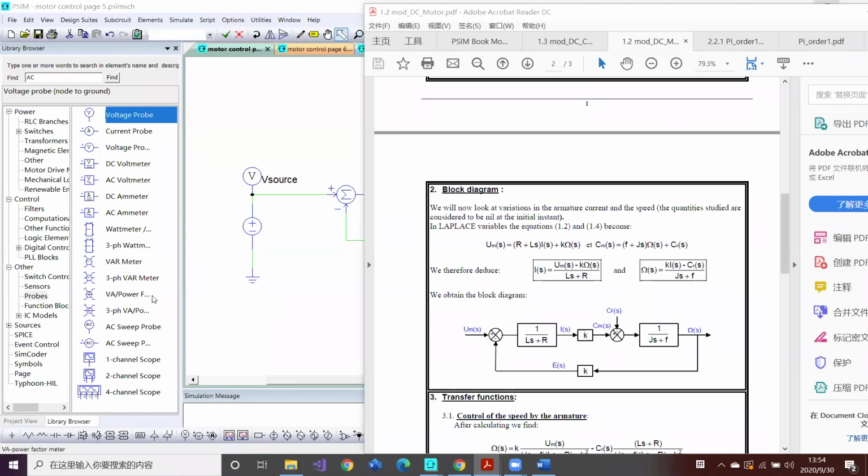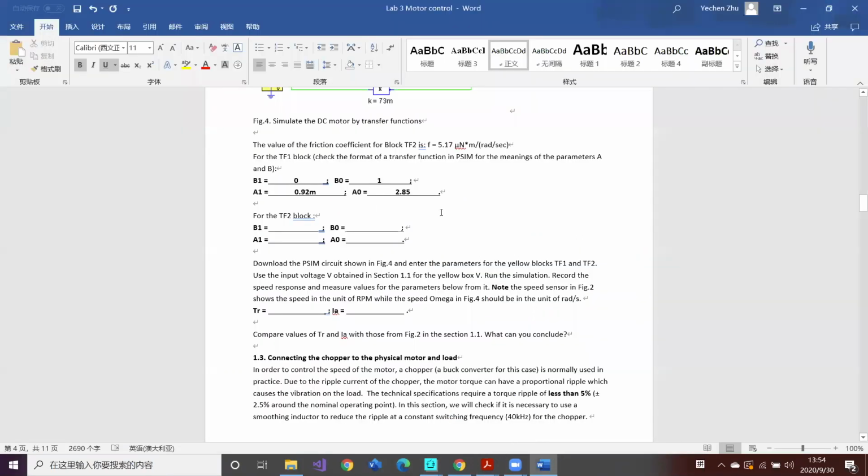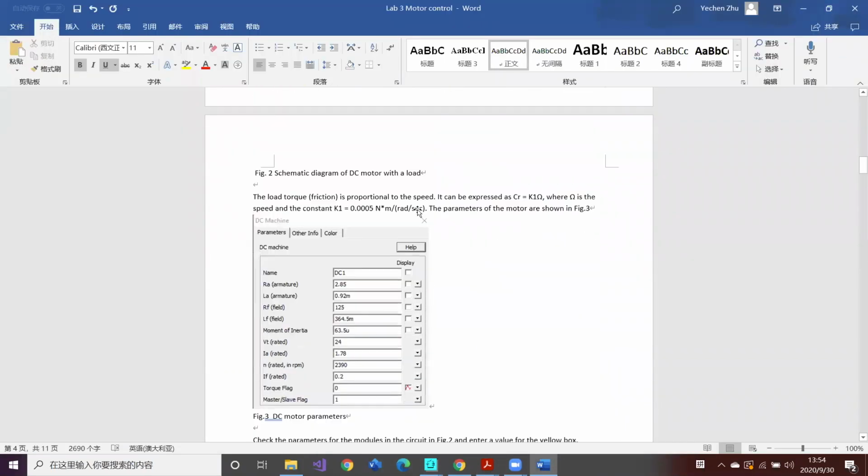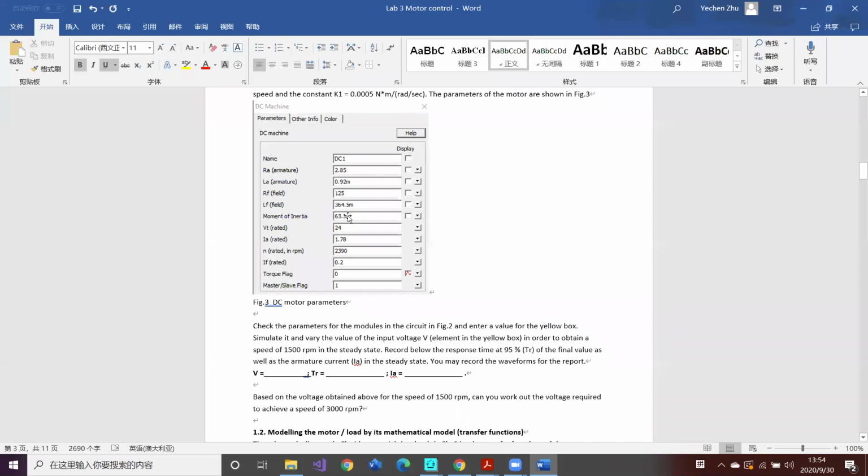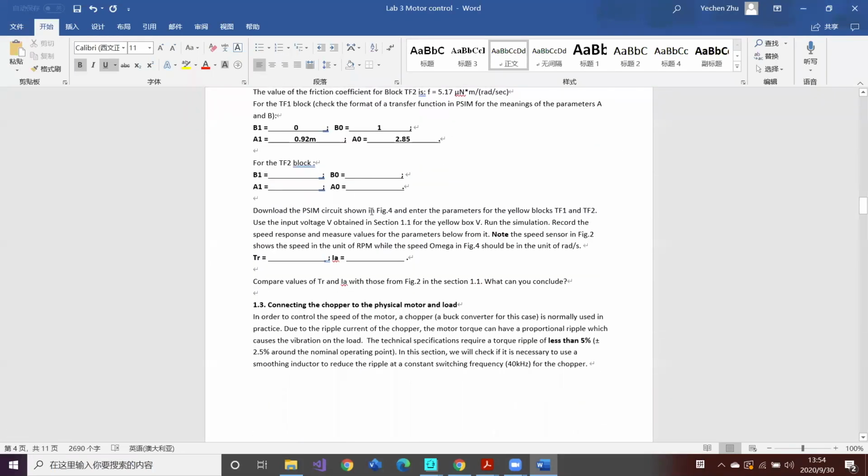So the inertia from our model, you can find from here, 63.5 milli. Yeah, that's right.